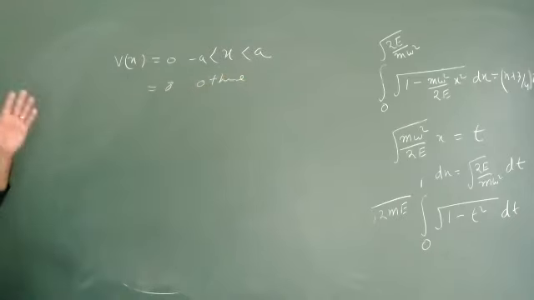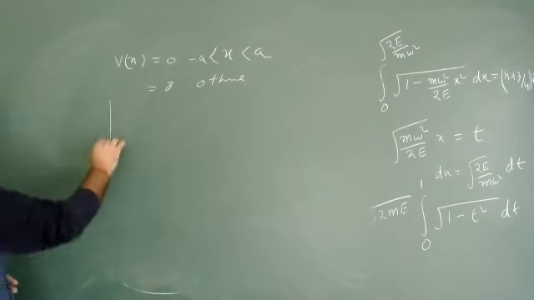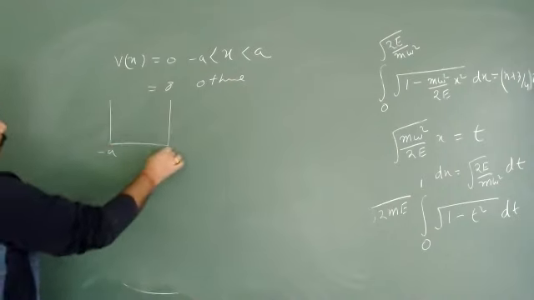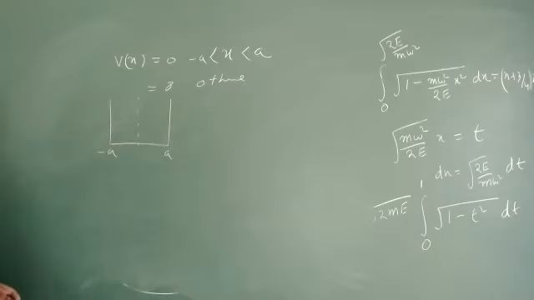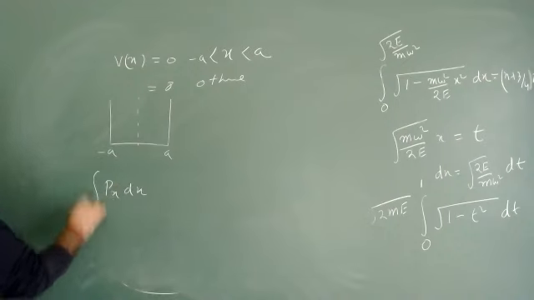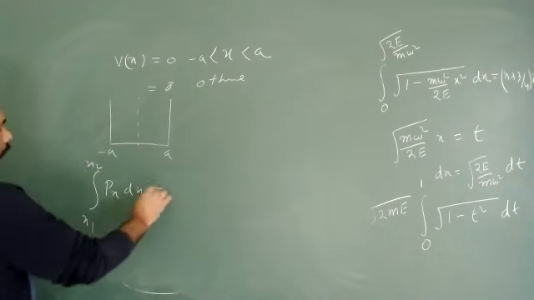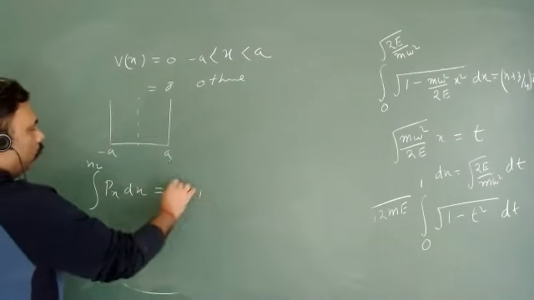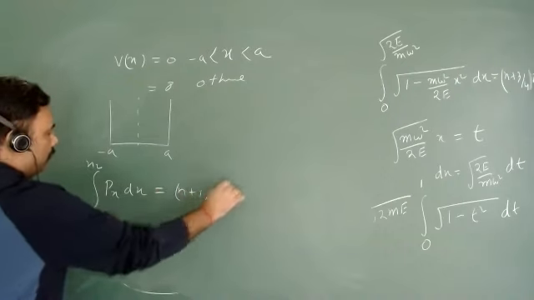So this is both sides rigid, isn't it? Minus a, plus a, both sides rigid. So what do we have to do? We just go for the integral of p(x) dx from x1 to x2 is equal to (n plus 1) pi h cut.